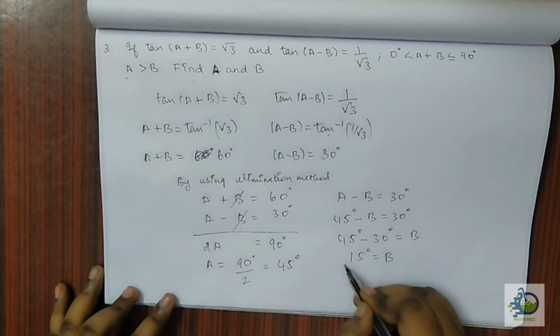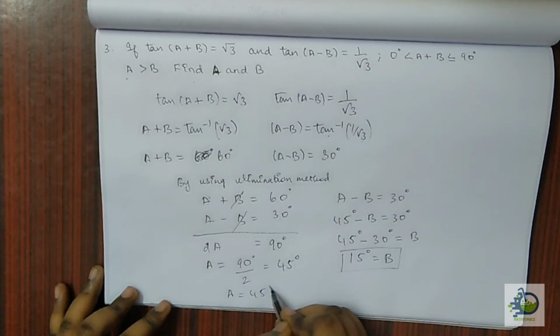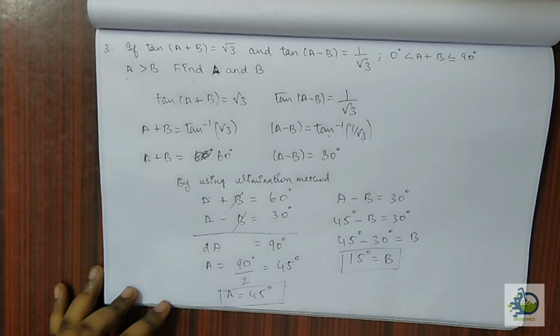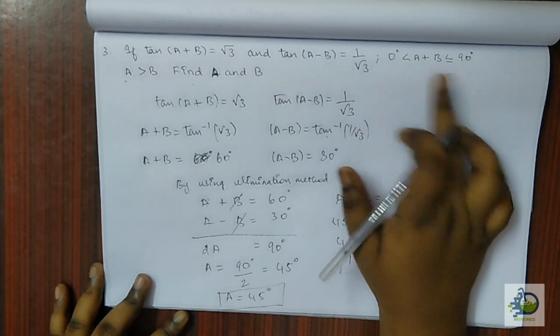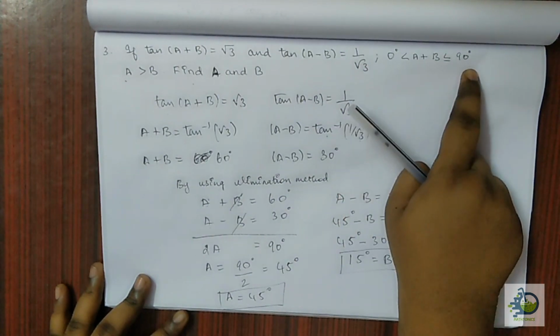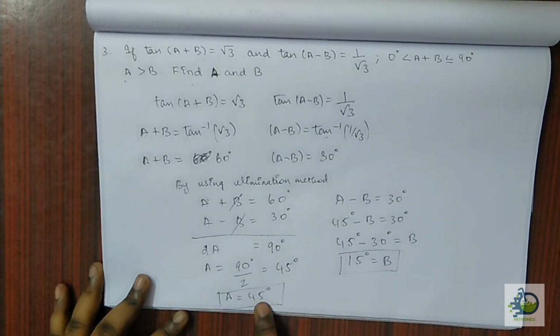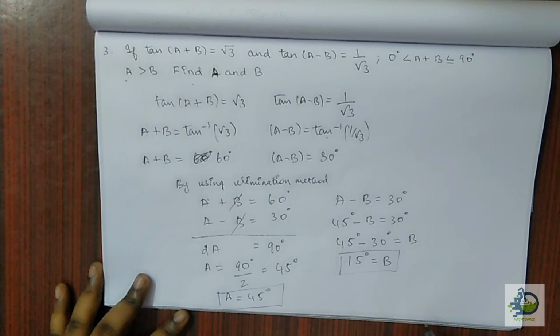So that is B. And A is 45. It satisfies both the conditions: A plus B is equal to 90 degree and A is greater than B. So it satisfies both the conditions and hence we have found the answer.